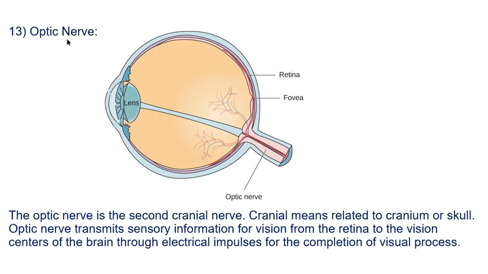Moving forward, the optic nerve. The whole diagram is here. Now you can see this is the retina, this is the fovea, here is the blind spot and here is the optic nerve. The optic nerve is the second cranial nerve. So what is a cranial nerve? Cranial means related to the cranium or skull.